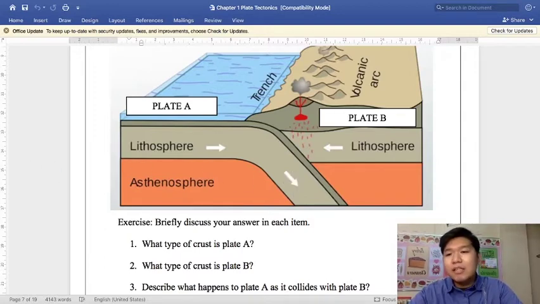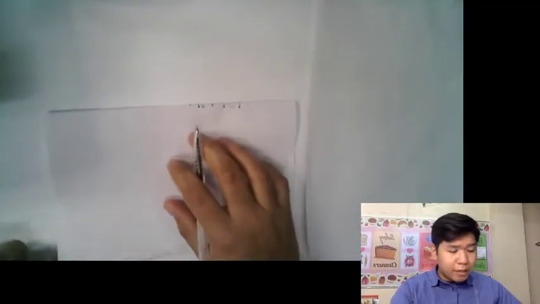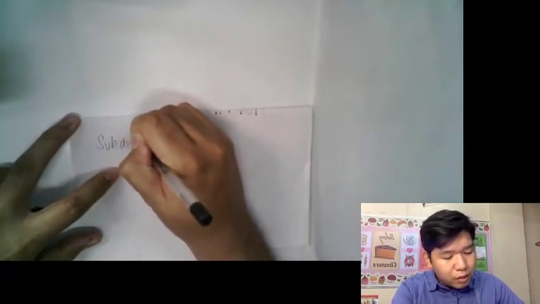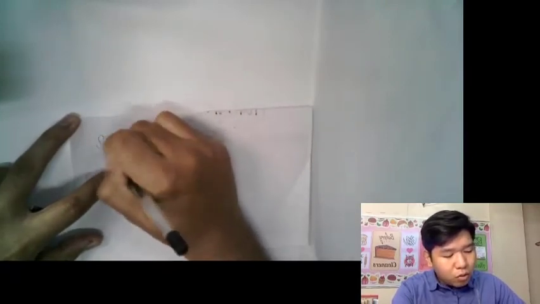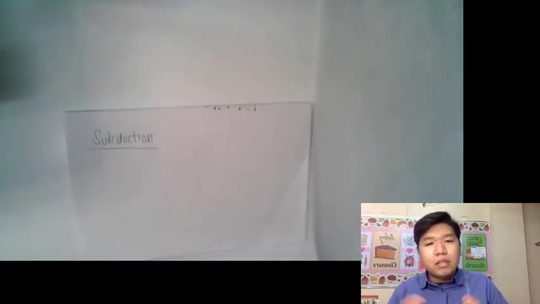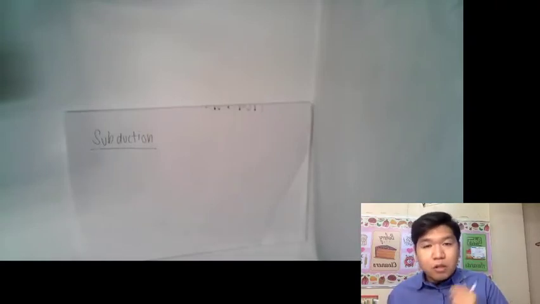Yes, it is called subduction. So let me just write that in for you guys. The process called subduction. What is the correct spelling? S-U-B-D-U-C-T-I-O-N. It is subduction, where an oceanic crust sinks beneath a continental crust due to the force of slab pull.